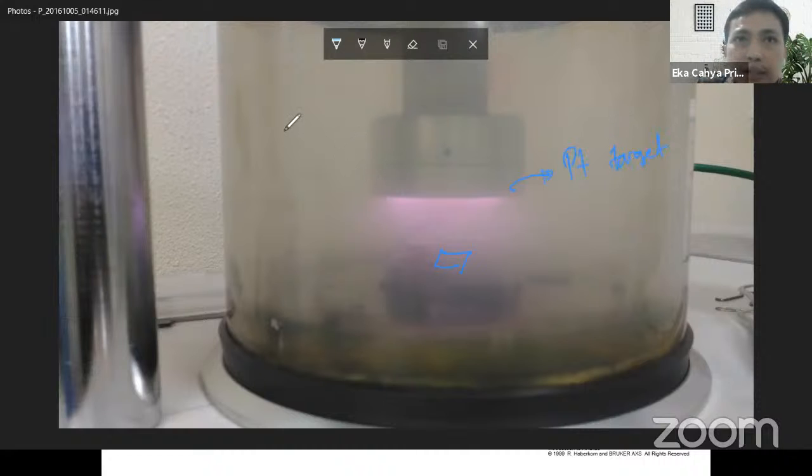There is argon gas here, and the argon gas bombards this material, and afterward the atoms spray here, and our film gets Pt, platinum atoms, from the target.